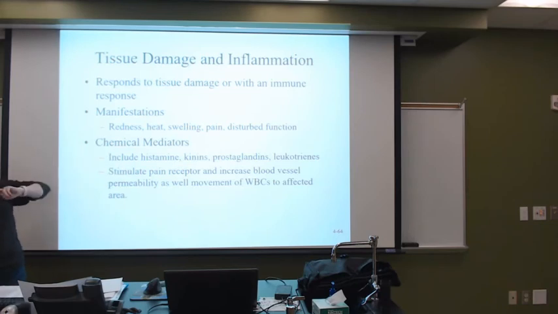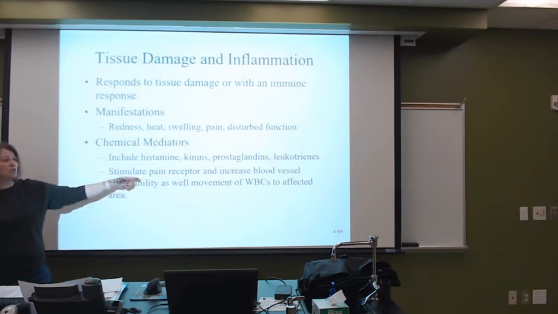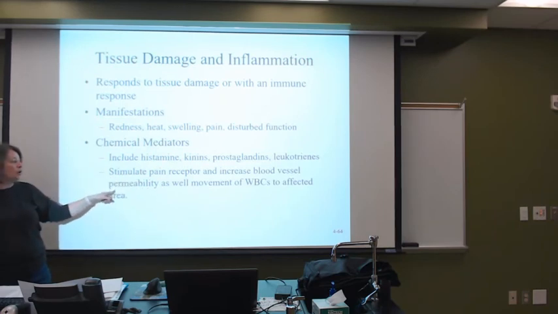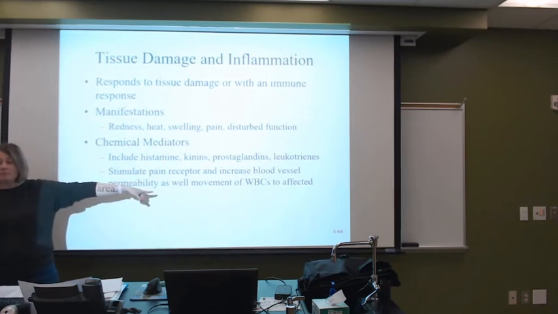It is going to involve histamine, kinins, prostaglandins, leukotrienes. It's going to create a pain receptor to give us the sensation of pain. It's going to make blood vessels be more permeable. We're going to see white blood cells come to the area.